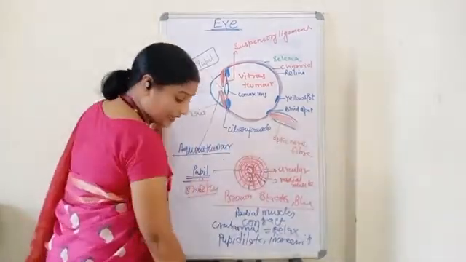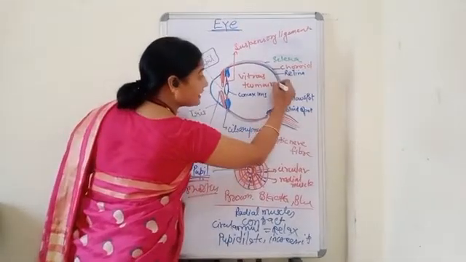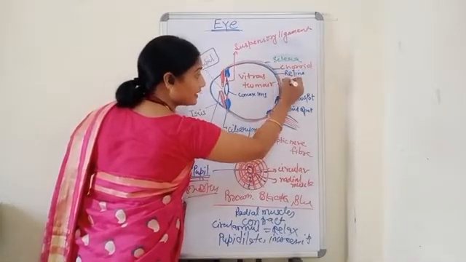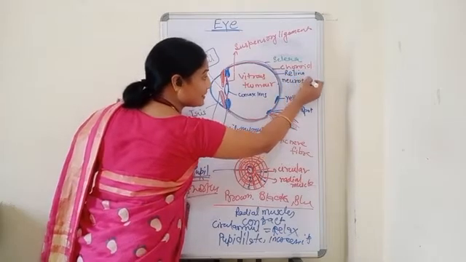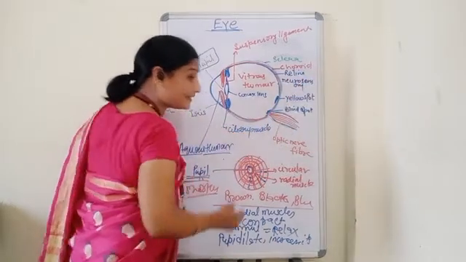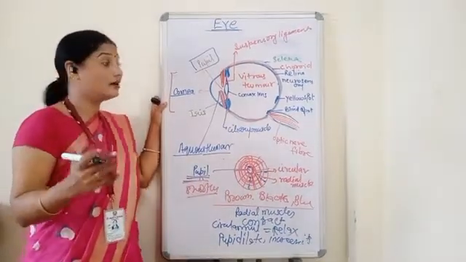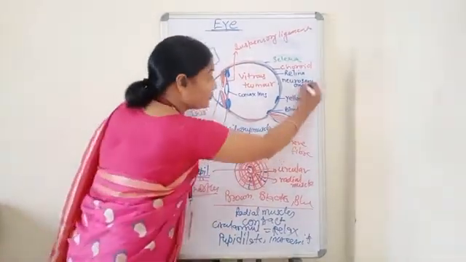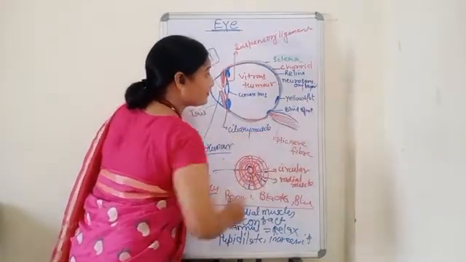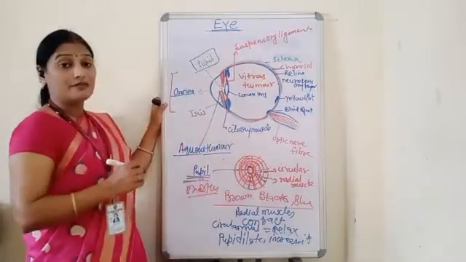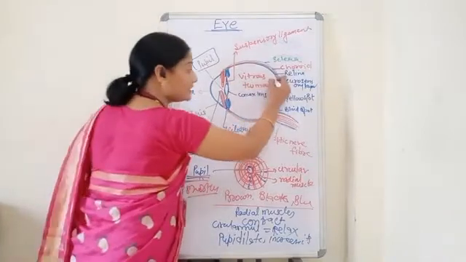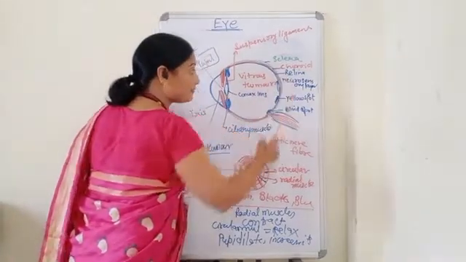This is the innermost neurosensory layer. It gives sensation to the neurons. Whatever images are formed, the images are formed on the retina.